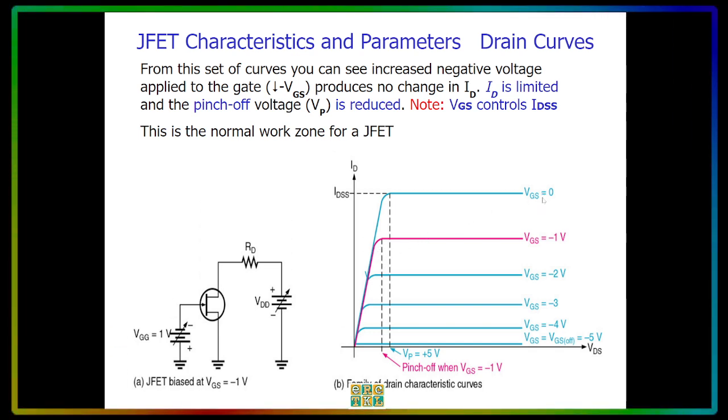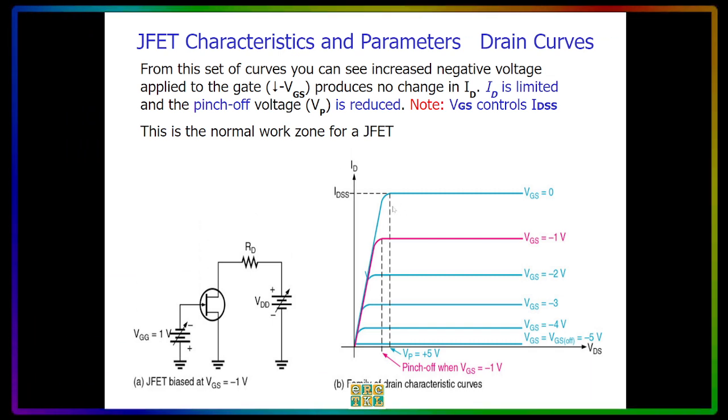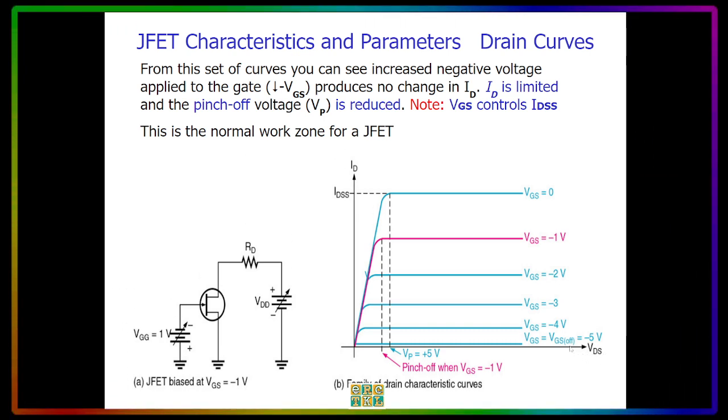When your VGS is equal to 0, this point here is the pinch off. Now, you will notice that when the VP is equal to positive 5 volts, the VGS off, as we call it, is equal to negative 5.